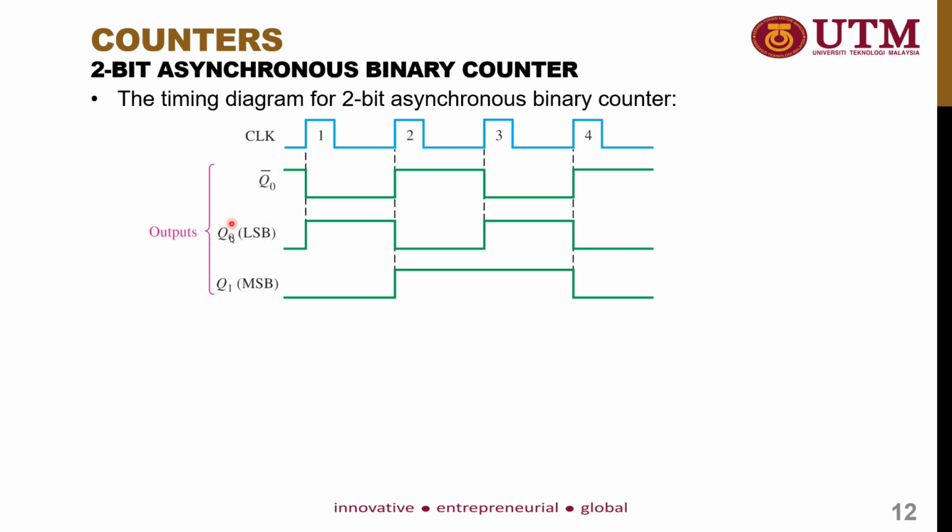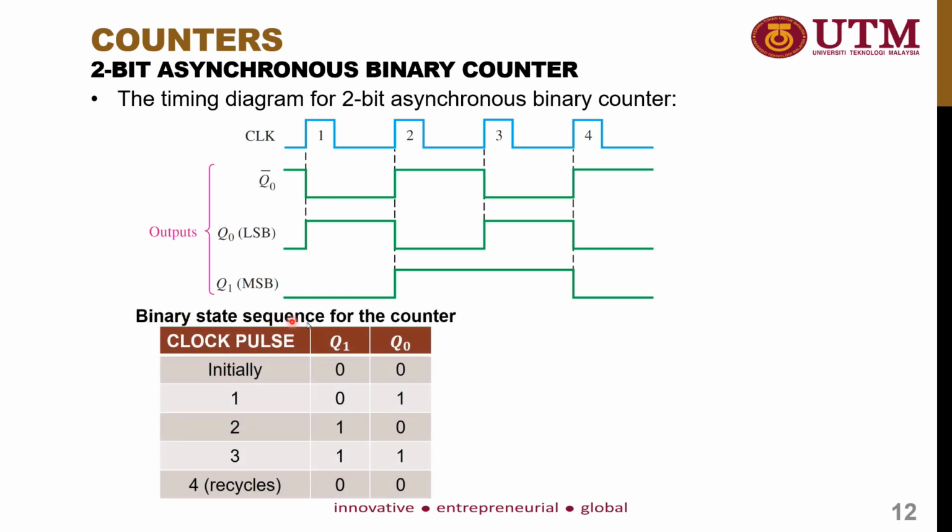Q0 is the LSB part of the counter, and Q1 is the MSB part of the counter. This is the binary state sequence for the counter. You see here, it has a total of 4 different states, and the first one is actually the initial state only.